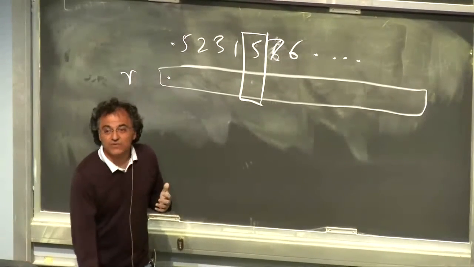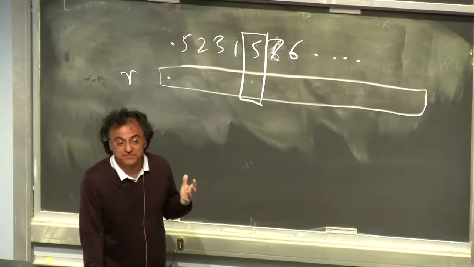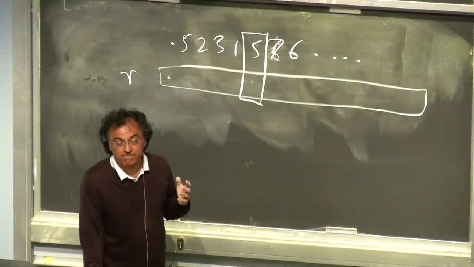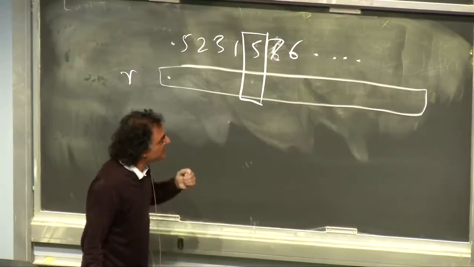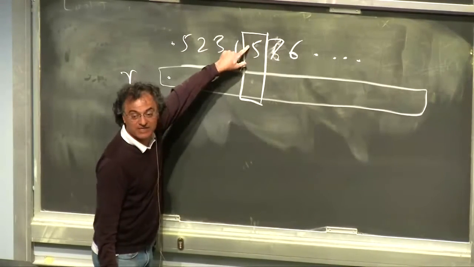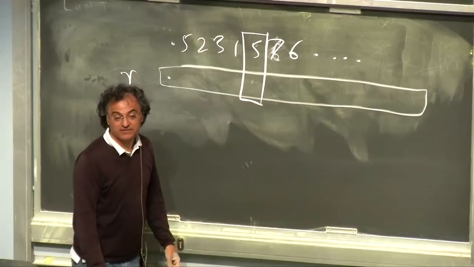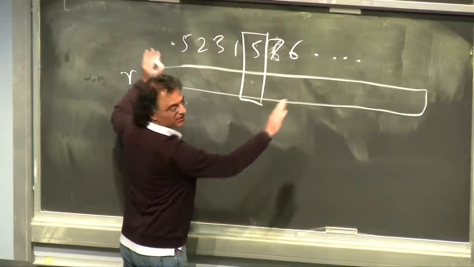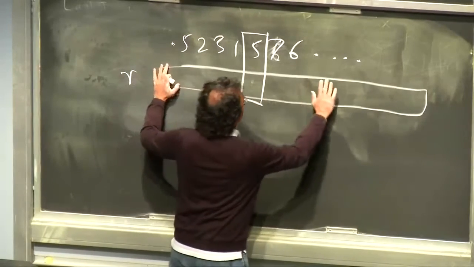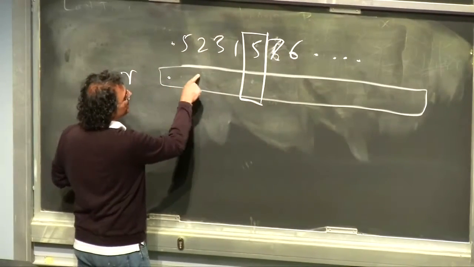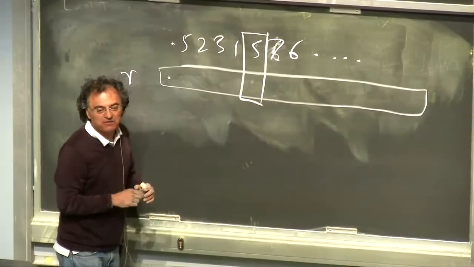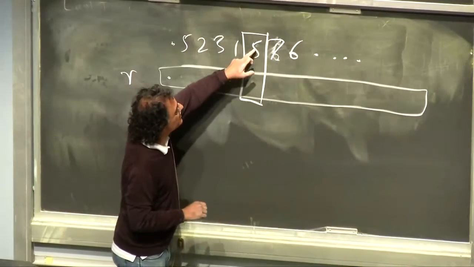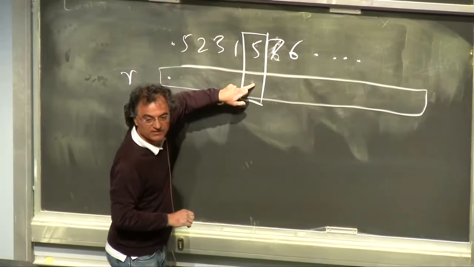So what condition would you want to make sure that they are not equal? What would guarantee you that this R is not the same as that number? If all you saw was this digit, and the rest of this number was hidden from you, so for all you know, this might be 5231, etc. You don't know what the rest of the number is.